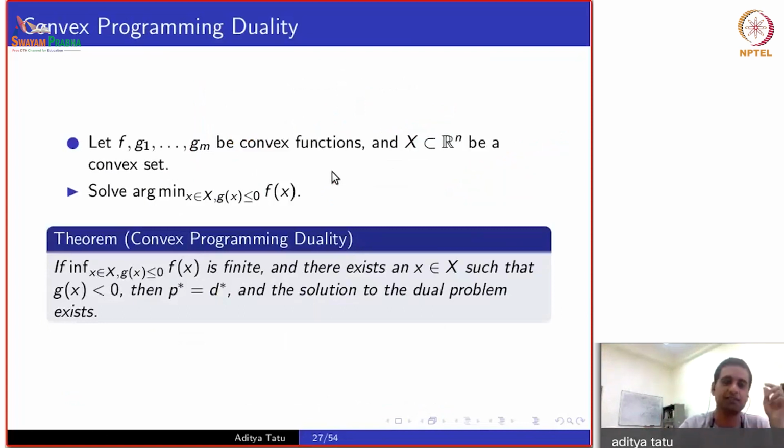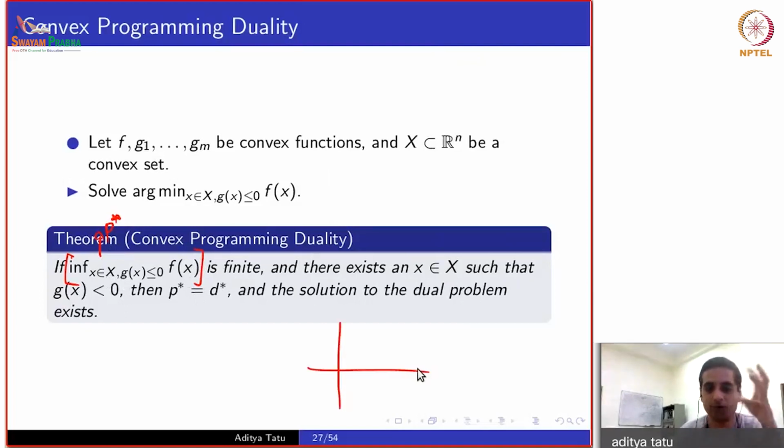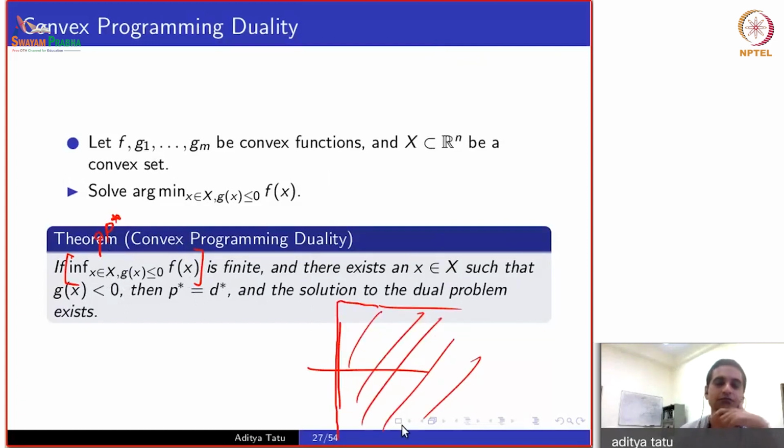It says that as far as p star is finite, because you may also have a set M or M bar that looks like this, everything below this. In that case, you can see the smallest y coordinate on the y-axis is negative infinity.